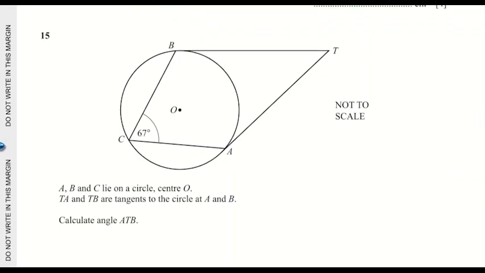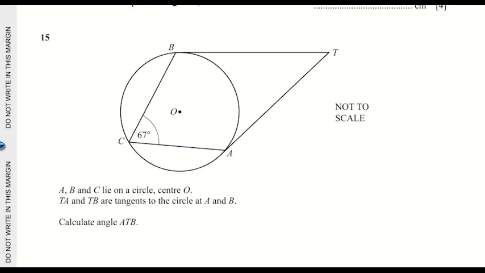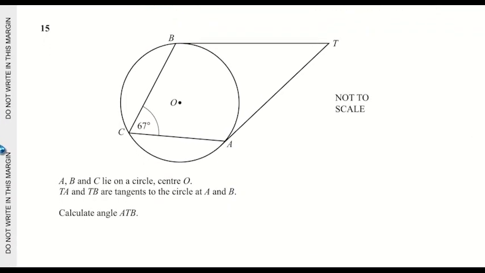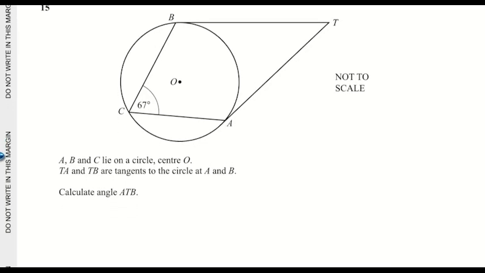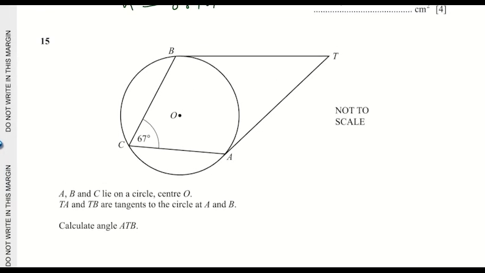Question 15. A, B, and C lie on a circle center O. TA and TB are tangents to the circle at A and B. Calculate angle ATB. So angle ATB, let's mark the angle. This is the angle we want to find. You can call this theta.